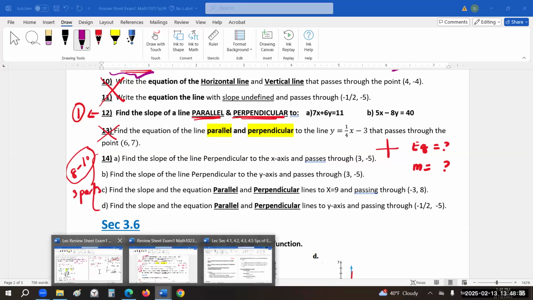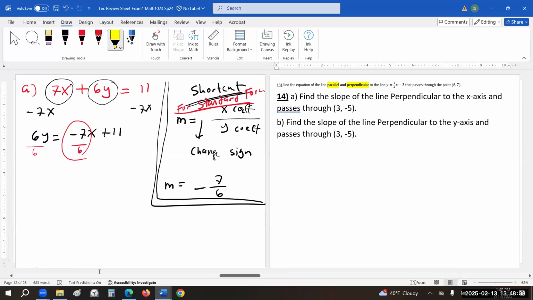So let's do some no-work things. For example, this: find the slope of the line perpendicular to the x-axis or perpendicular to the y-axis. For this type of question, you don't need any math. You only need your x and y axis.